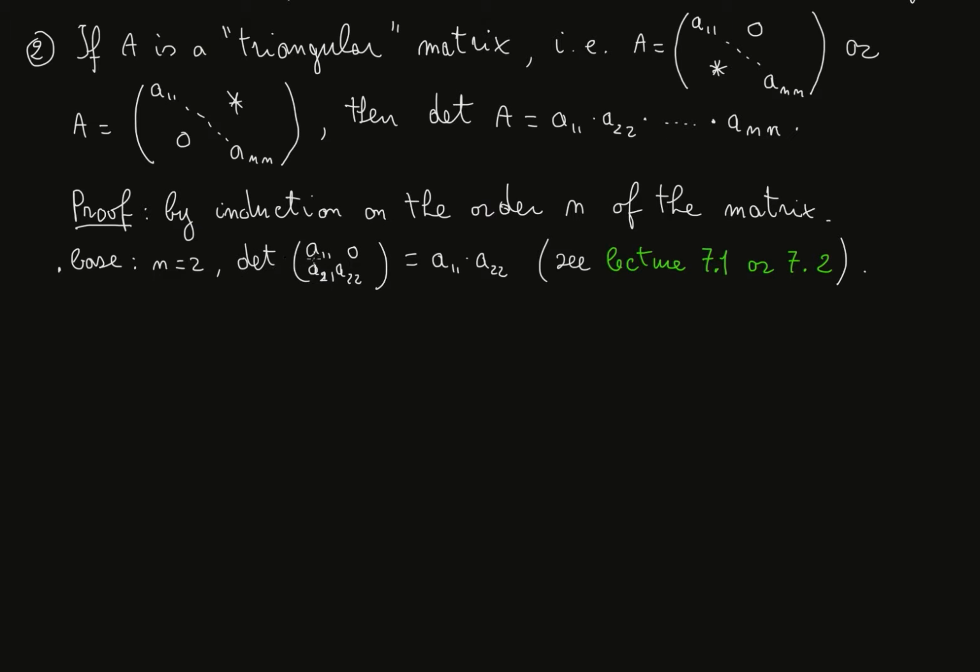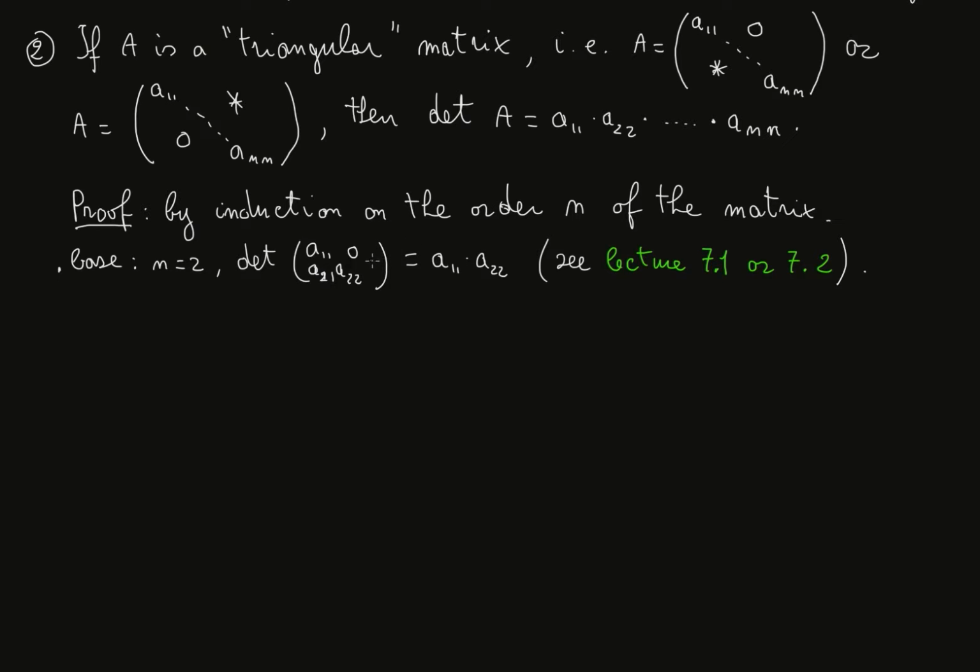So let's fix, for example, the matrix with a11, 0 as the first row, and then a21, a22 as the second row. This is one of the two cases of triangular matrix we have written before. Now let's see if this is a11 times a22, which would be the claim.